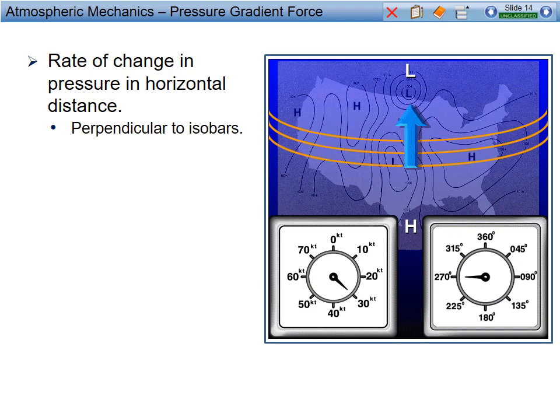So in this case, we have a low pressure center. The pressure gradient force acts inward towards the low pressure center because it is an ascending type of center, has less dense air that's rising. And so that pressure gradient force that acts in towards it, in this case, is causing more winds because it's a stronger force. So you see 30 knots.